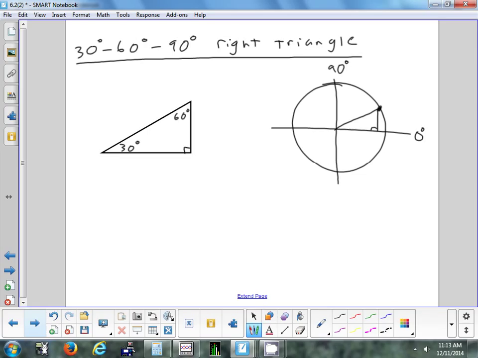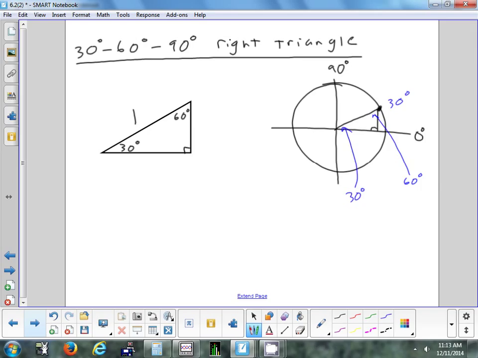This is how you would end up with a 30, 60, 90. That's my 30, and that angle up there, that's my 60. Now, like we had before, we know one of the sides in this triangle. We know the hypotenuse is 1. Why? It's the radius of the circle, and the circle has radius 1.